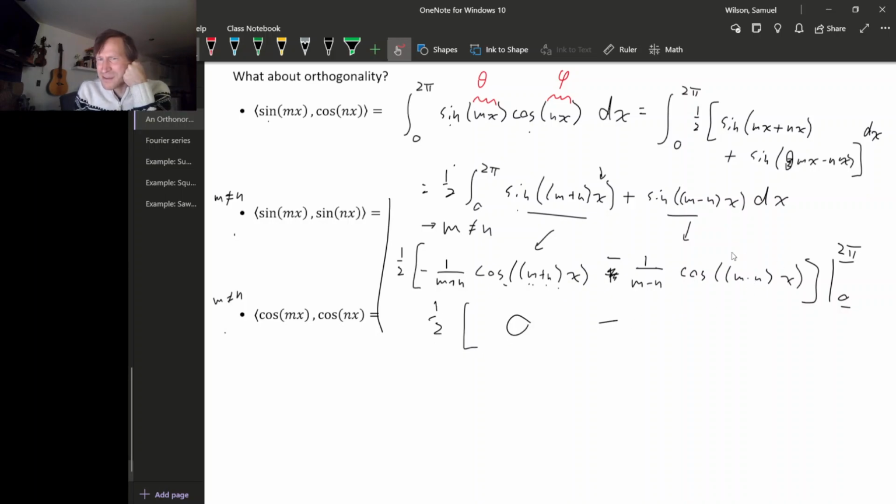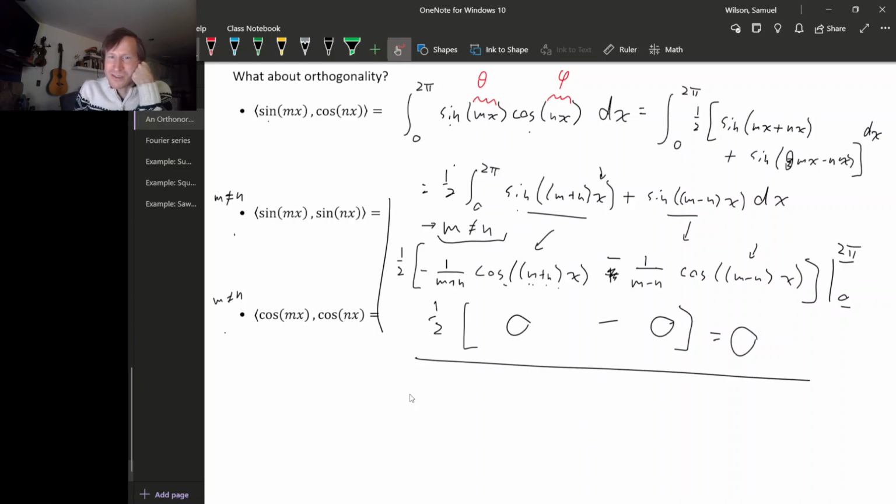But then the exact same thing happens right here. m minus n isn't 0, so this is a non-zero integer in front of our x here. So when we plug in 2 pi and when we plug in 0, cosine is going to give us the same thing. And so this part also comes out to 0. And so we get 0. So we're almost done. We're done with the case when m is not equal to n.